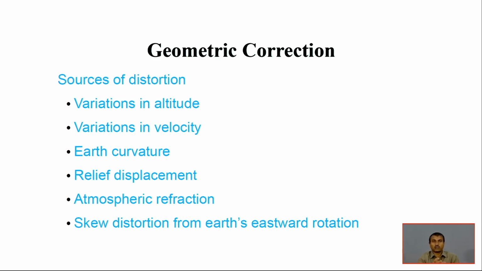The highest amount of error will be at the equator, because the equator rotation would be huge compared to the other parts of this world. So, the satellite is collecting the data, in the meantime the earth has rotated, so there would be some amount of eastward rotation of the earth. Due to that, there would be skew distortion in the image.